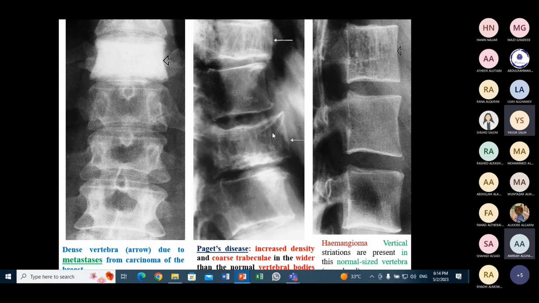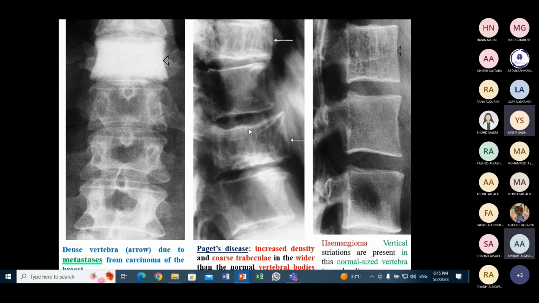This is a Paget disease. Paget disease causing, in addition to increased vertebral density, also enlarged or expanding vertebral body with abnormal trabeculation, dense and thick trabeculation pattern اللي هي الخطوط دي. لكن this is a normal trabeculation.